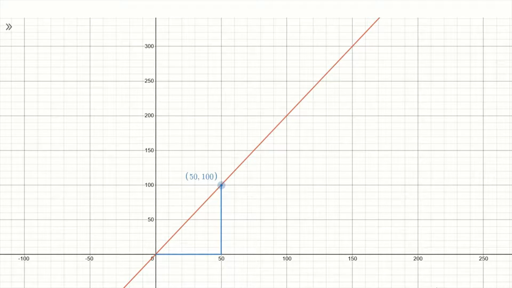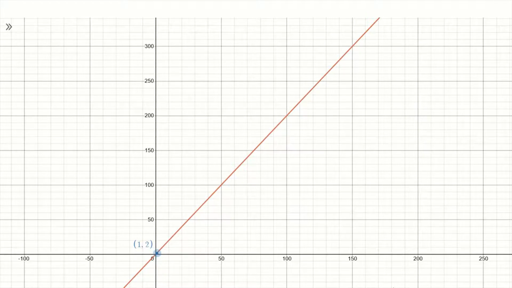The ratio 100 over 50 is still 2, but the difference 100 minus 50 is now 50. Skip ahead to (1, 2). And again, y over x, 2 over 1 equals 2, and y minus x, 2 minus 1 equals 1. So we can see a trend here.